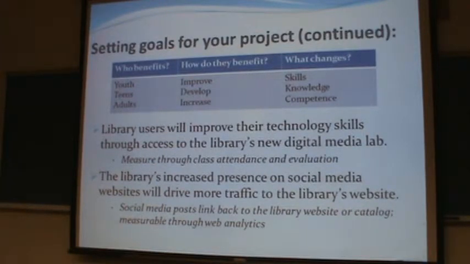That's measurable through class attendance. You can have the people attending it evaluate their skills before and after. It could be one-time classes or a series of classes like Excel 101, Excel 201, and so on. I know there's a couple libraries out there that print out certificates of completion. Yes, this person took all of our Word 2010 classes. So you can see how many of those you print out.